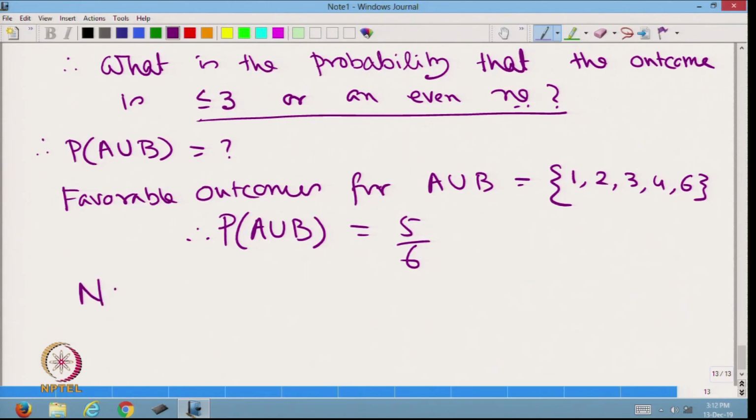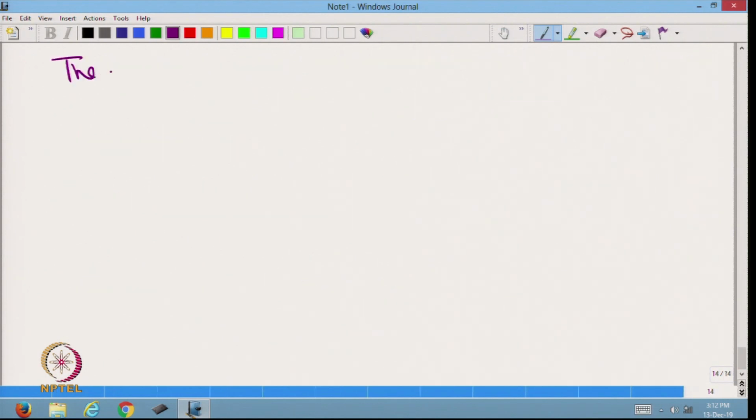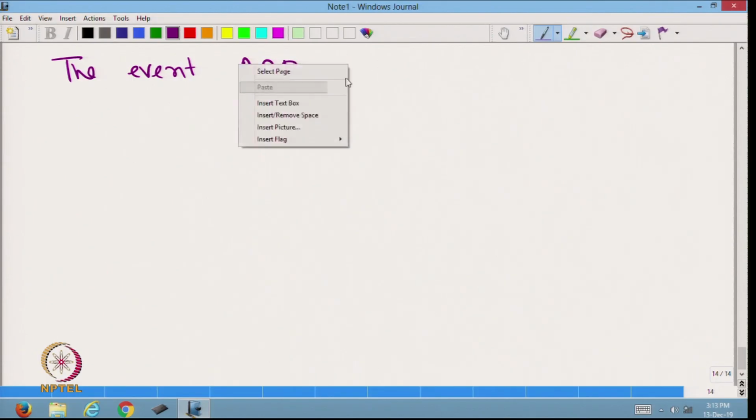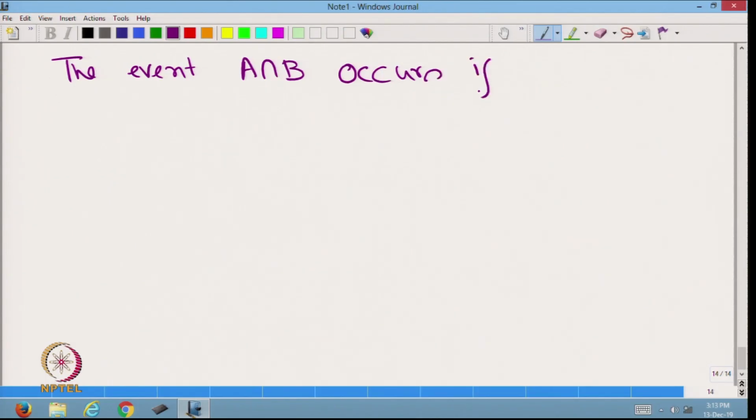Now, what is A intersection B? The event A intersection B occurs if the outcome is only 2, because 2 is less than or equal to 3 and 2 is an even number.